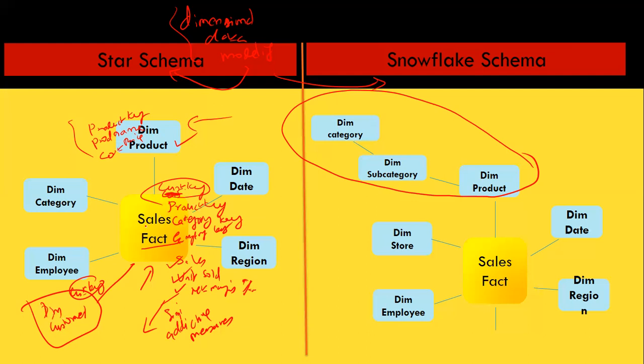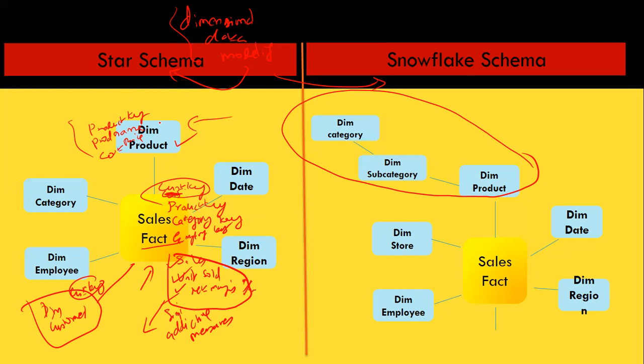If I say customer key is 1000, the product key is P001 and category key is C001, and we sold this much, will you be able to understand? No, you'll not be able to understand. So in order to provide context to these measures, we store the descriptive information in the dimension table.